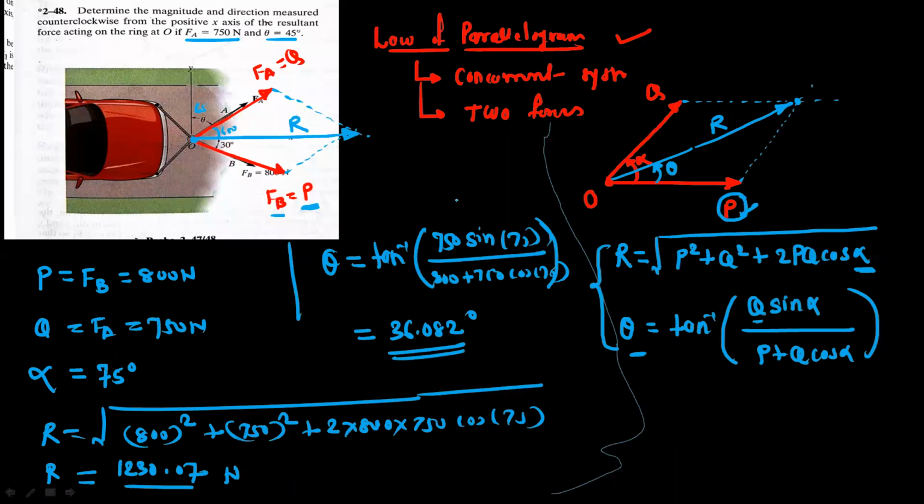If you refer to this diagram, this is the force P. Now observe the original diagram. This 30-degree angle is given with respect to the x-axis. And what is the angle for the resultant? It is 36.082. So your original diagram was like this.